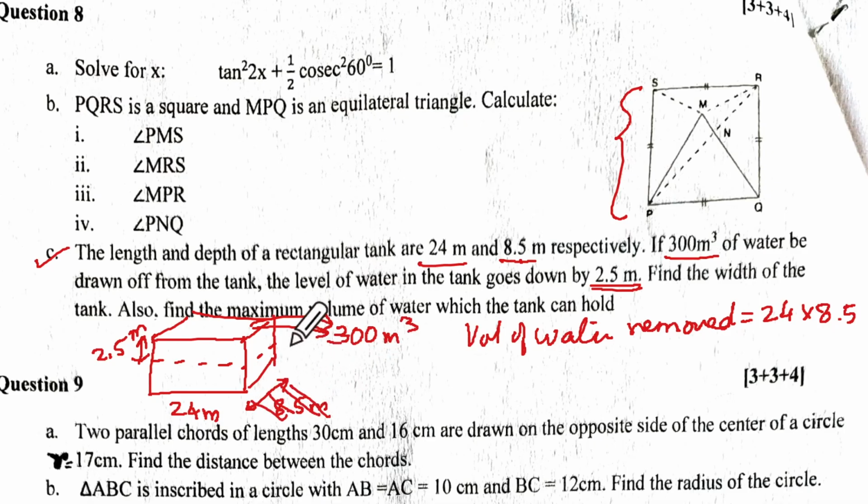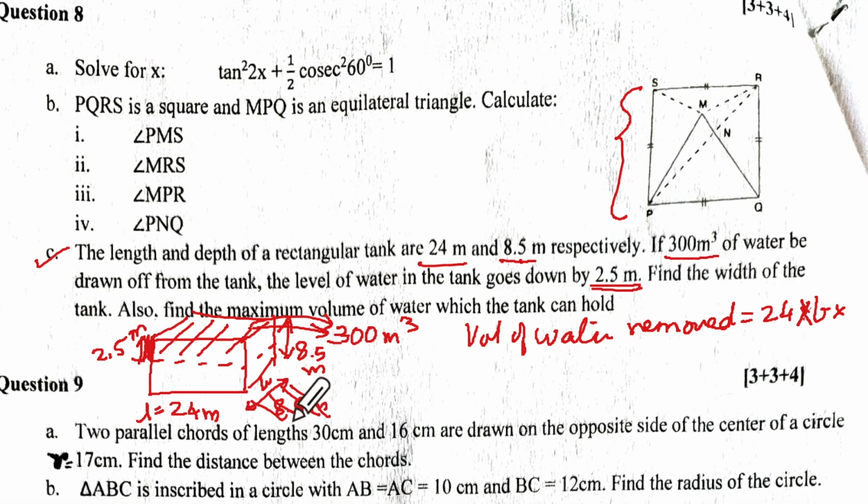Please cancel this. It was from here to here. Okay, this is 8.5. All right. So width means, let us say this width was breadth. This is your length. So 24 into breadth multiplied by the height of this displaced water.